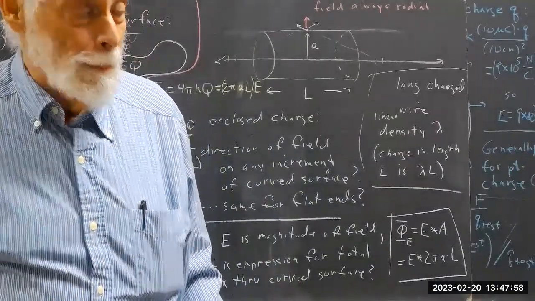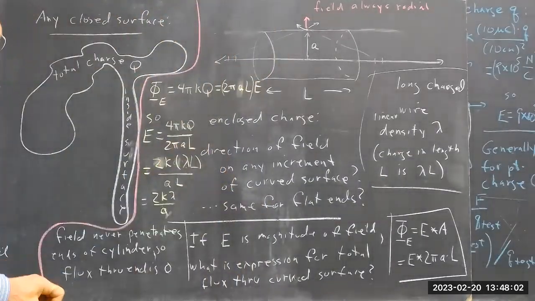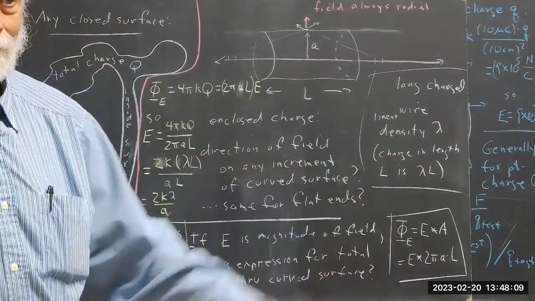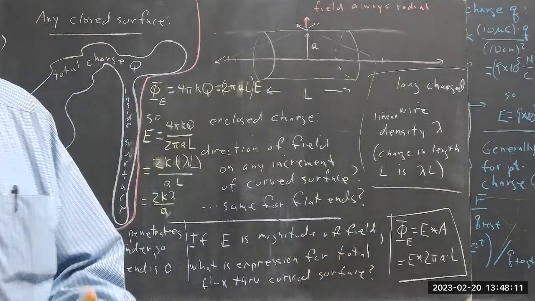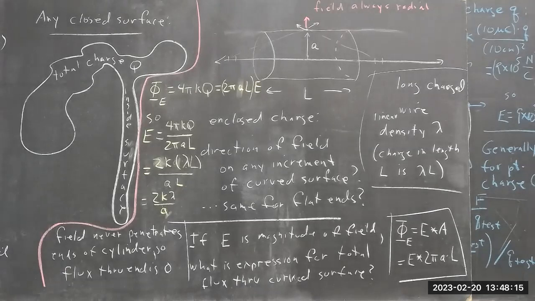Or almost all practical purposes. It depends on how much precision you need. So this is a good approximation to any line charge. So if I take, where is it? Okay, if I take this thing.